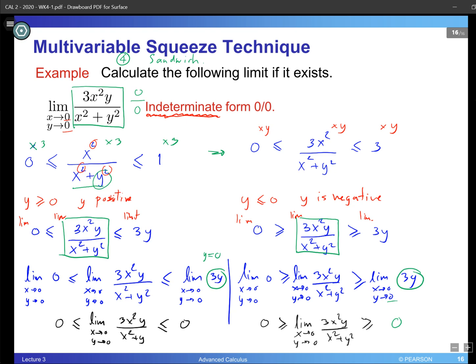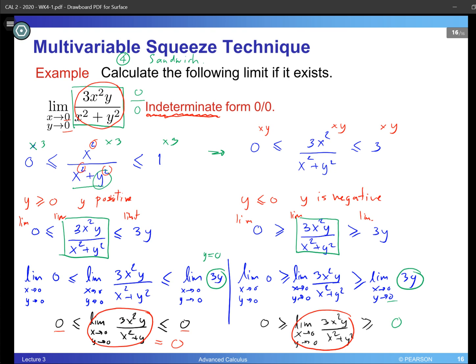So let's make a conclusion here. We want to know the value of this term when x and y go to 0, and this is what we want, right? And it turns out to be in between 0 and 0. Of course, this has to be equal to 0 because this term is squeezed in by values of 0 on the left hand side and 0 on the right hand side.